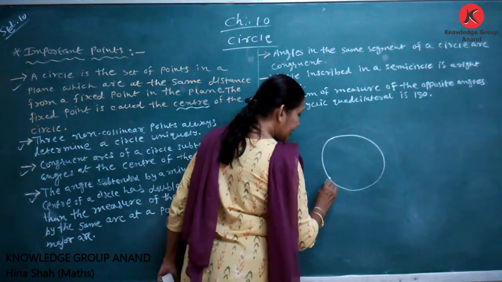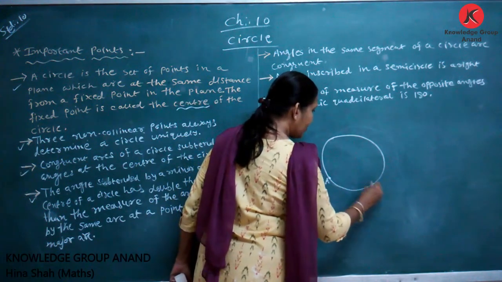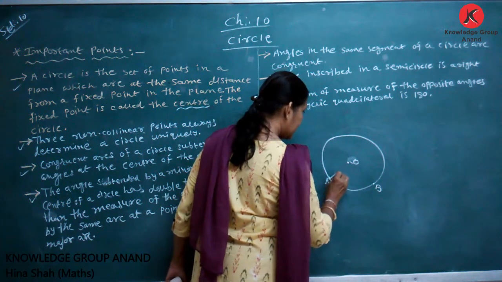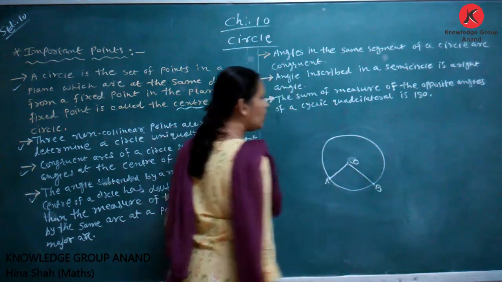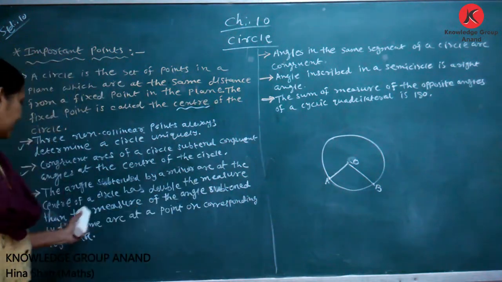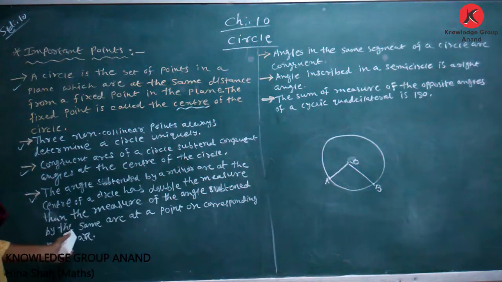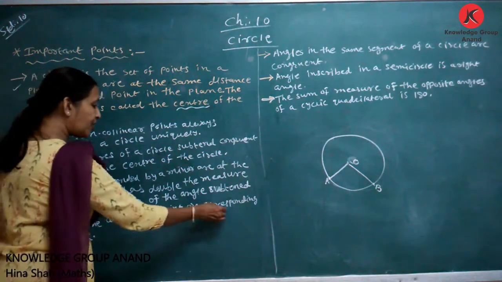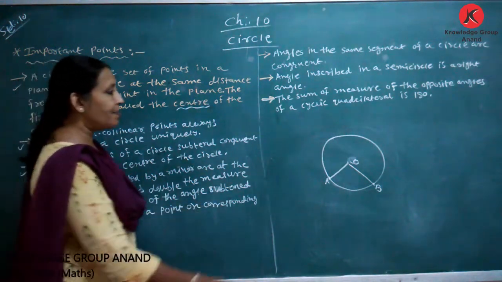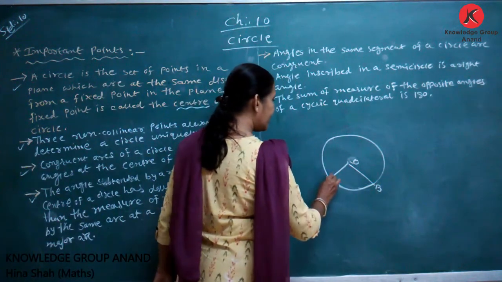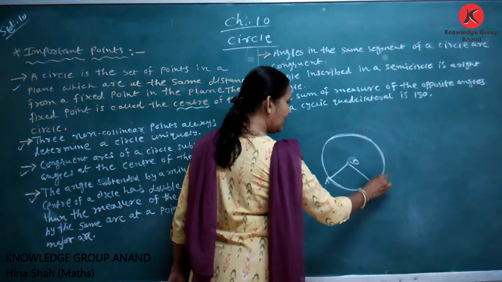Here, AB is a minor arc and O is the center, subtending angle AOB. Its corresponding major arc is here.